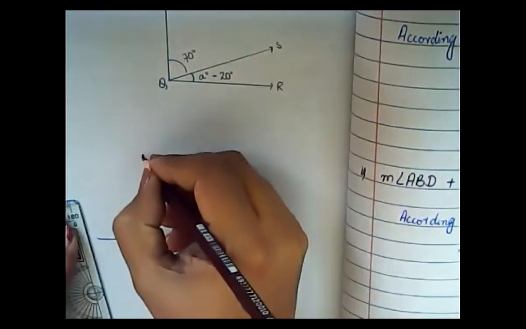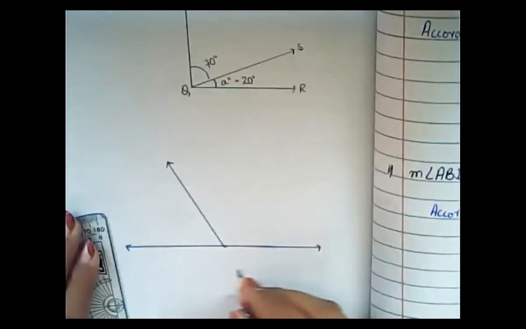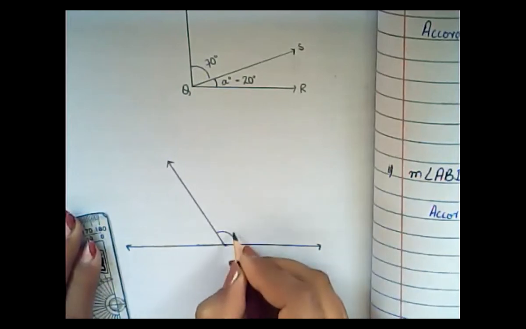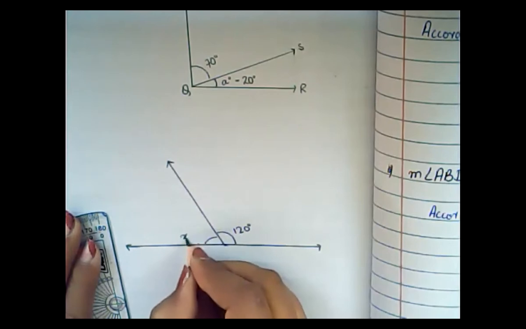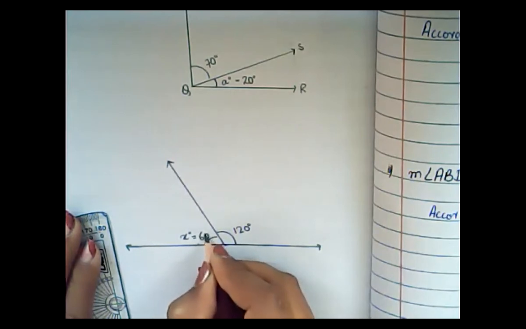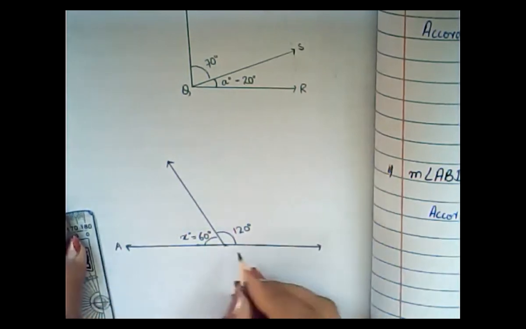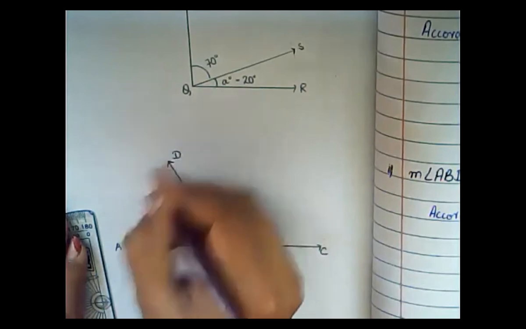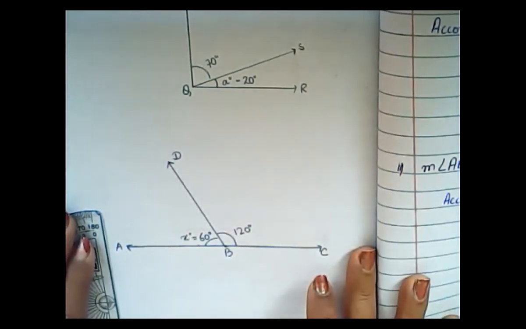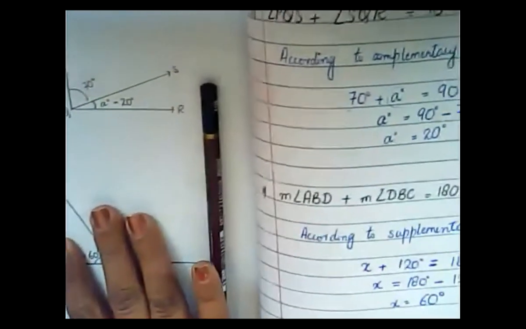Then make the arrows over here and write it down. This is given to you, which is 120. And this was x, and you have to find out that your x is equal to 60 degree. Now this is point A, this is point B, this is point C, and this was point D. Is it clear? Please tell me, is it clear?